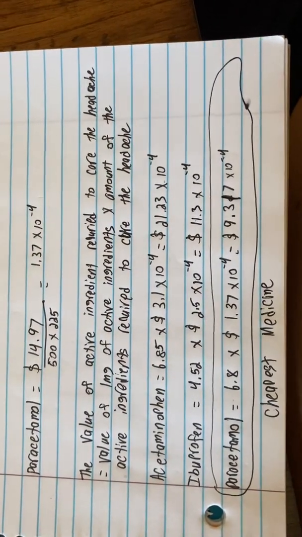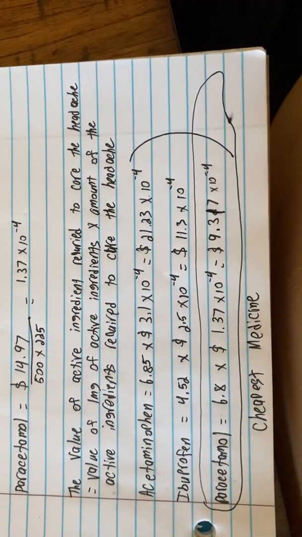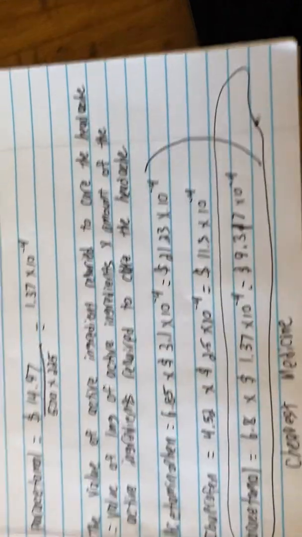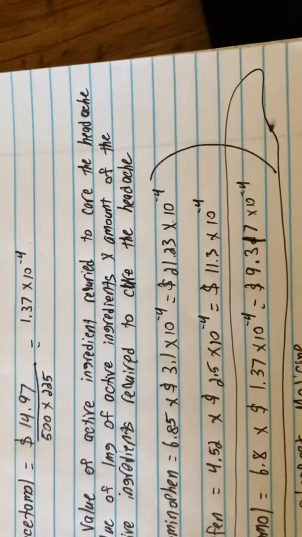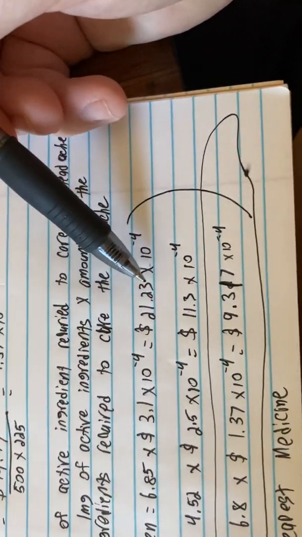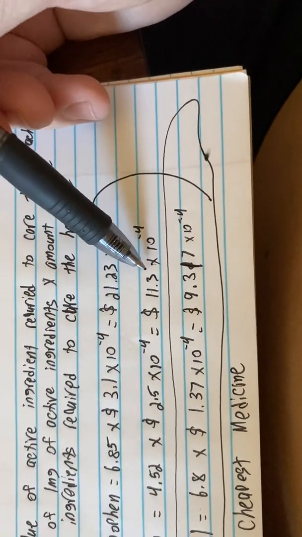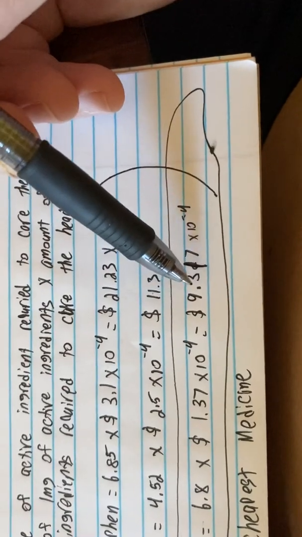Alright, so now the next step is to compare these three to find out which one was the cheapest. So the first one was 21.23, the second is 11.3, the third is 9.3.